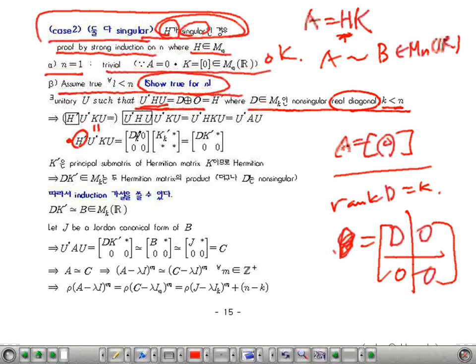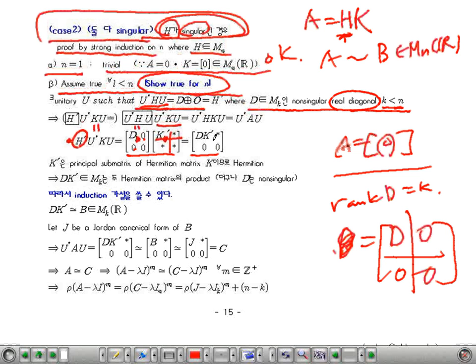We don't need this K here. This just shows the size of it. Anyway, so U star HU is the same as this. And U star KU, we can write it in this way, same size. We don't know what it is, but these are all zeros.